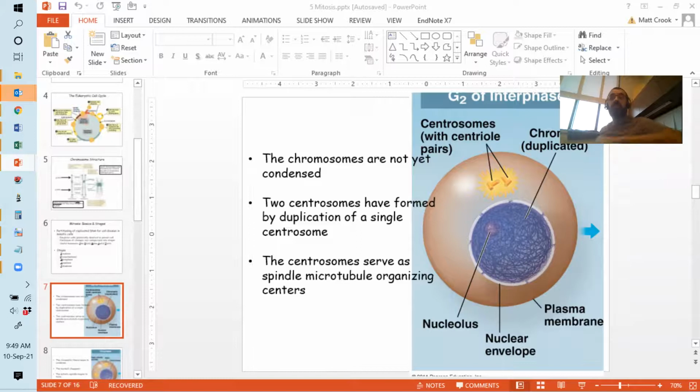And finally, the last thing that needs to happen is you have to have some way of attaching those chromosomes to the centrosomes, right? So those spindle fibers have to form. So the bulk of M phase, right? Again, we've talked about M phase being a small part of the cell cycle.